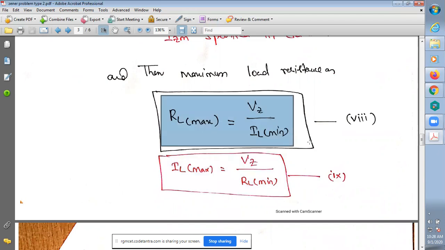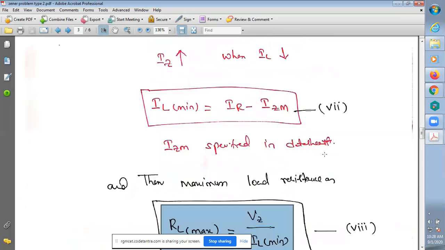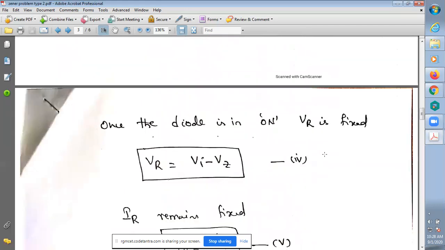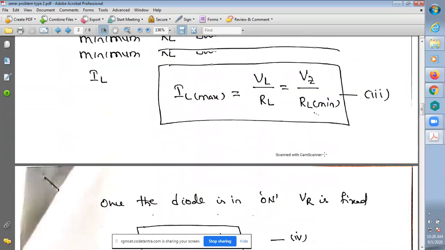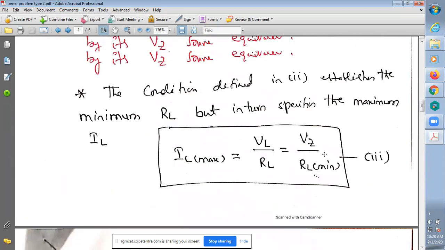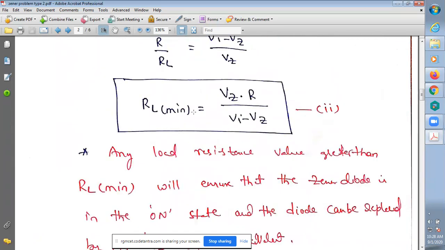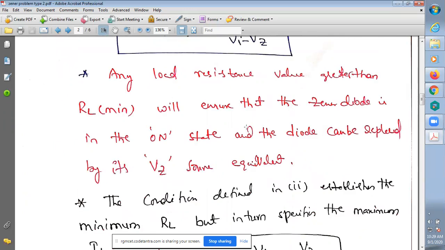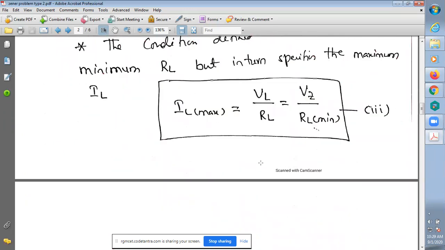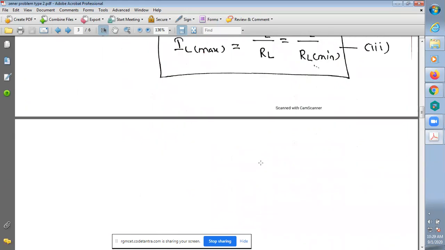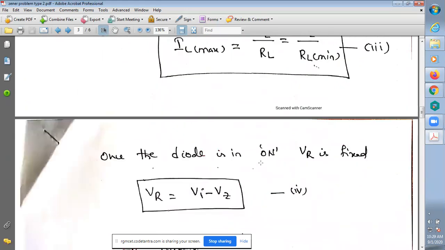From the second expression we already derived, RL minimum is equal to Vz into R by Vi minus Vz. So these are all the steps to calculate the minimum load resistance expression.